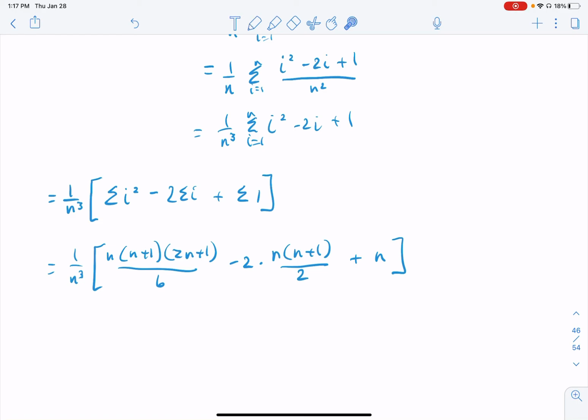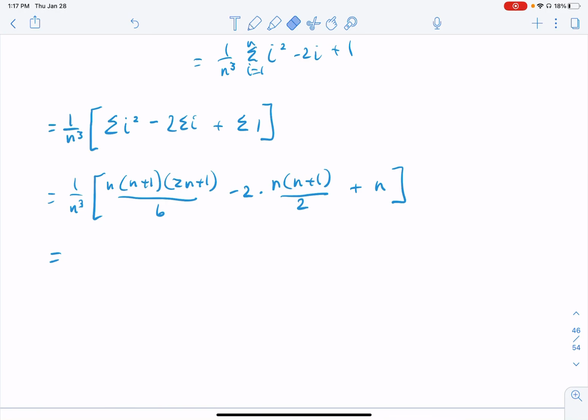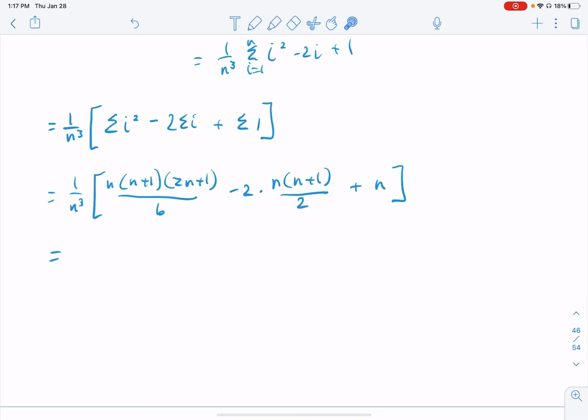All right, then. Now what I'm going to do is take this 1 over n cubed and distribute it through the brackets. And as we saw before, one of these factors of n will cancel out with one of the factors of n cubed down at the bottom, and I would have n plus 1 times 2n plus 1 over 6n squared. These 2's, they cancel out, don't they?